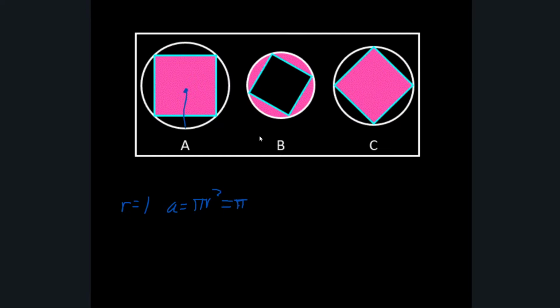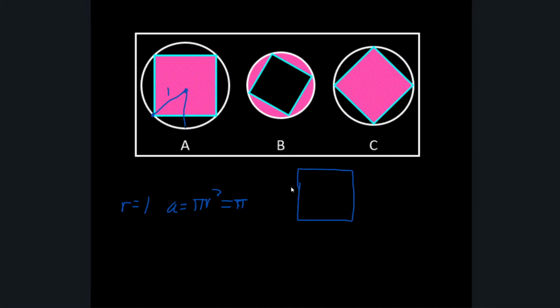But we're not looking for the area of the circle. In A's case, we're looking for the area of this square. We also know that this radius here is also 1. So we know that the diagonal from the square to the center, half of the diagonal, is going to be 1. We know the entirety of a square's diagonal.